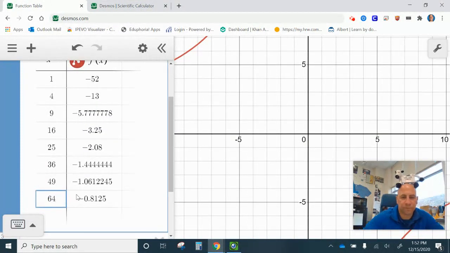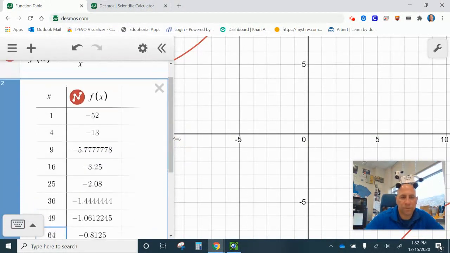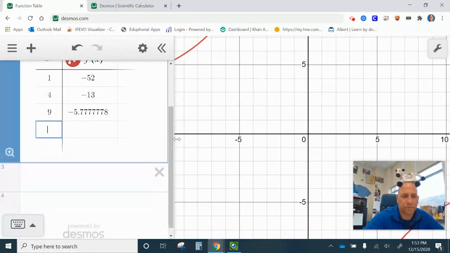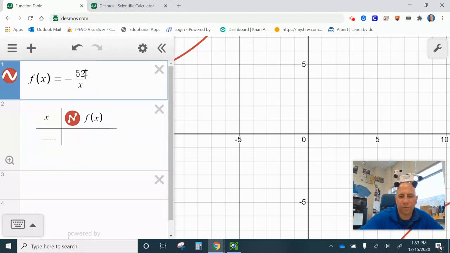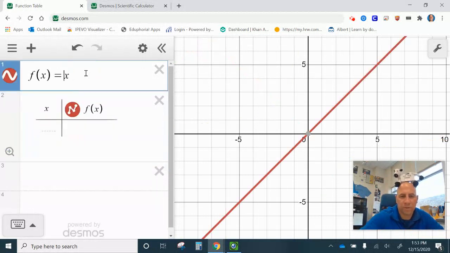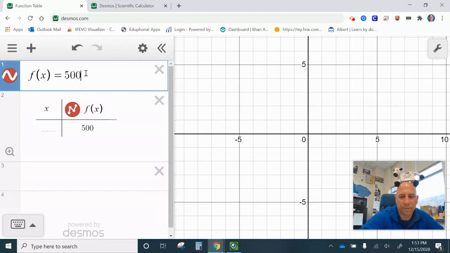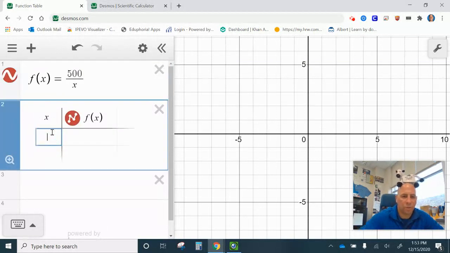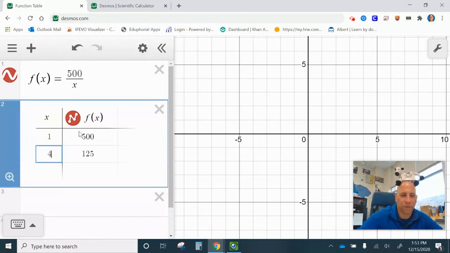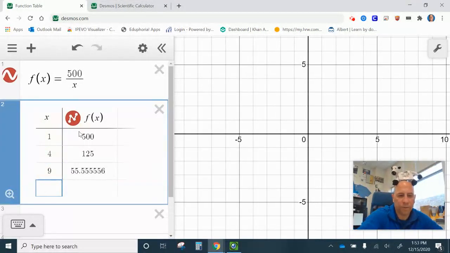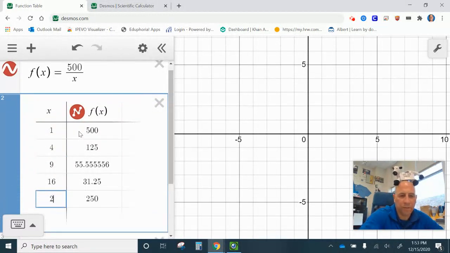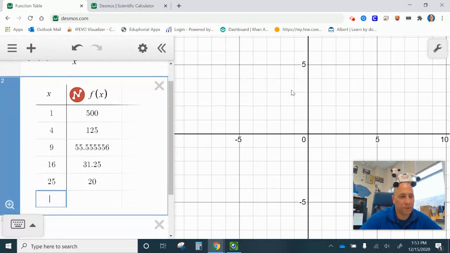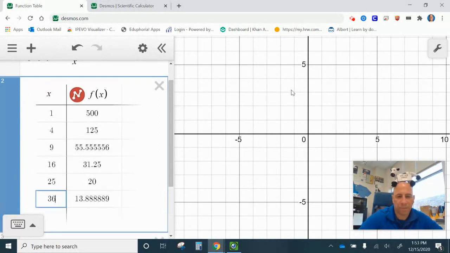So now that's where we want to keep this green. Let's clear these out. And then instead of negative 52, we're going to do 500 divided by x. 1, 4. 4 works, but let's see if we can go further. 9, nope. 16, nope. 25, ooh, that works, but let's keep going. 36.